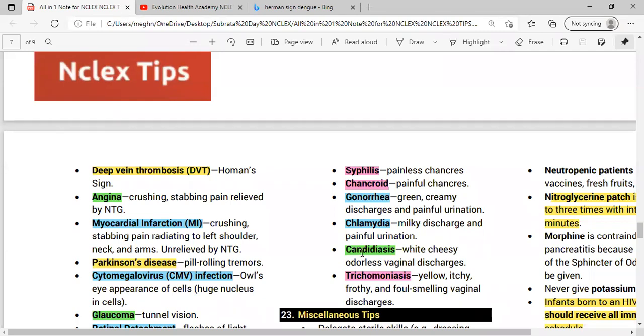In case of candidiasis, white, cheesy, odorless vaginal discharge. And trichomoniasis: we find yellow, itchy, frothy, and foul-smelling vaginal discharge. So here are a few diseases and their most cardinal signs and symptoms for the NCLEX board exam.